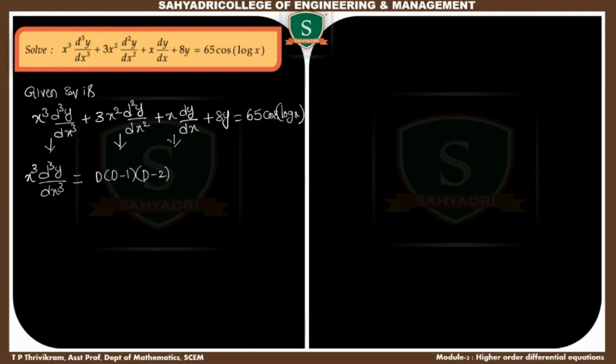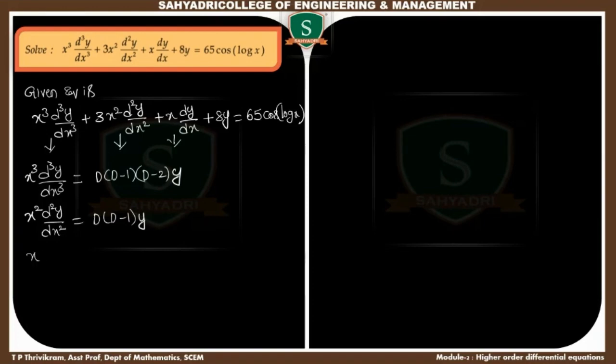Until where do we have to stop? Degree minus 1, that means 2. So up to d minus 2 we multiply with y. Similarly, x square d square y by dx square is equal to d into d minus 1, that means 2 minus 1, it is 1, into y.